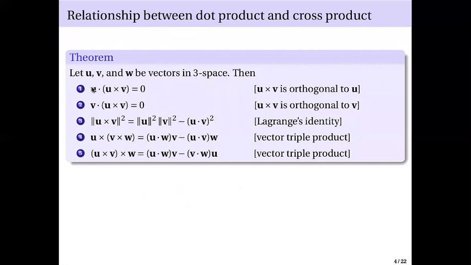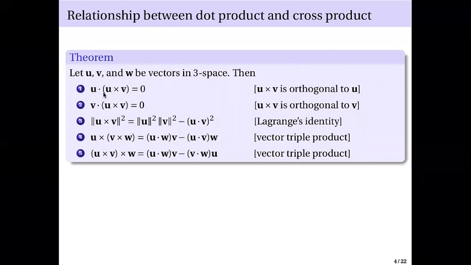U dot the quantity U cross V is equal to 0. Since the parenthesis contains U cross V, you start with U cross V. After getting U cross V, you dot it with the vector U.